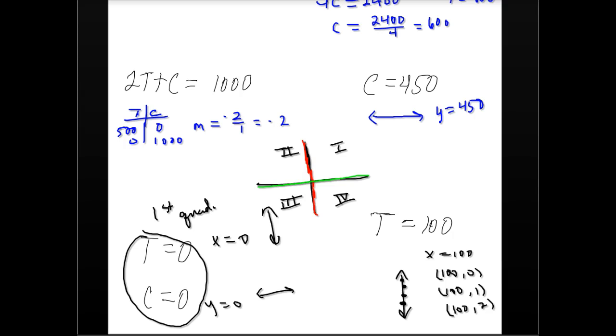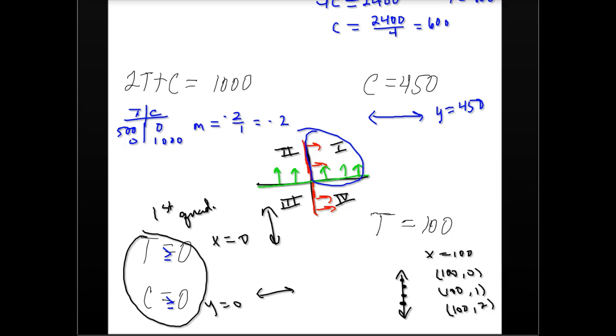And of course, we know from our constraints here that we're saying this is greater than or equal to and greater than or equal to. So what that means for us here is that we are going to be on the right side of t equals 0, and we're going to be on the upside of c equals 0. And of course, when we look here, we see that the intersection of all that is essentially the first quadrant here.